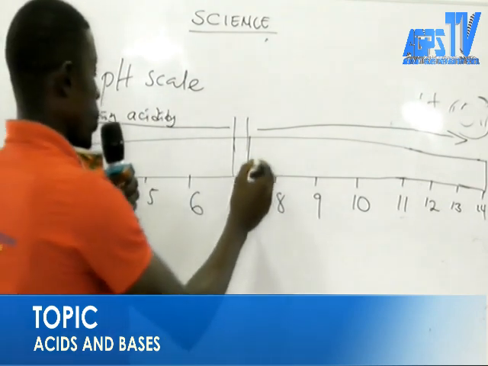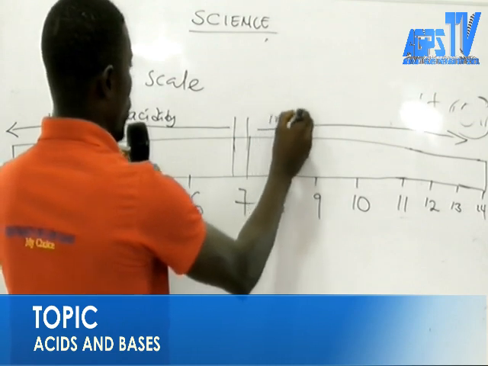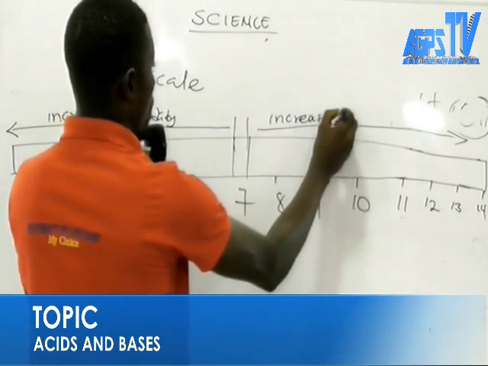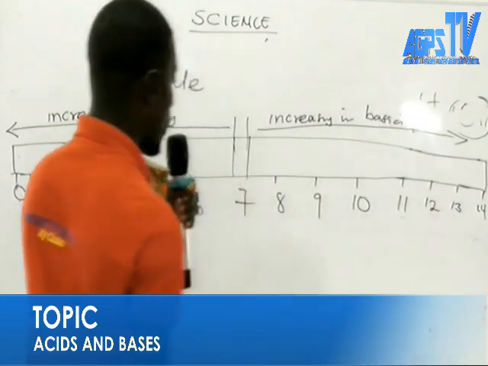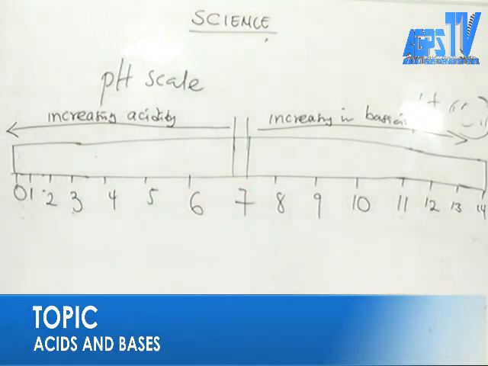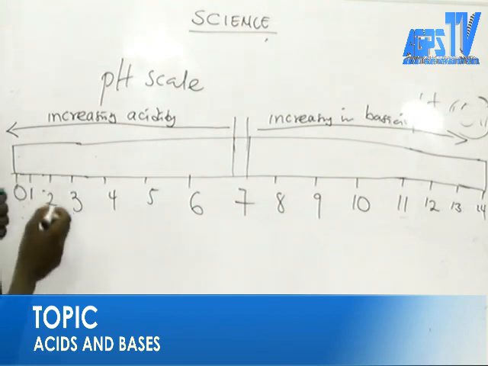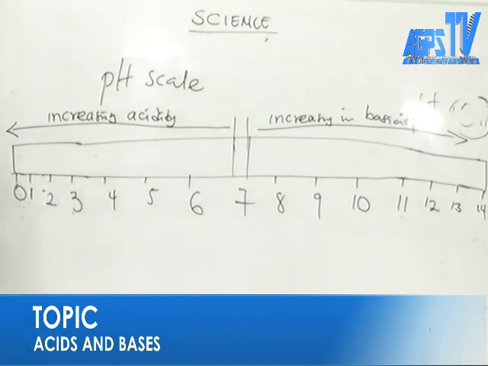Now here too you just write increasing in basicity. This one is very simple. If you look at the arrow, if an acid has a pH of 0, 1, 2, it means that acid is a very strong acid.